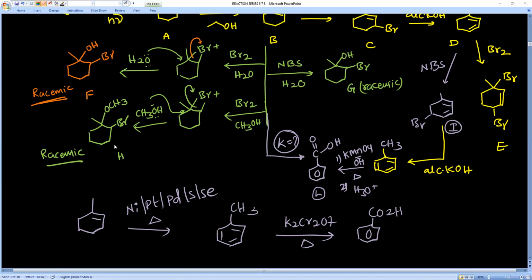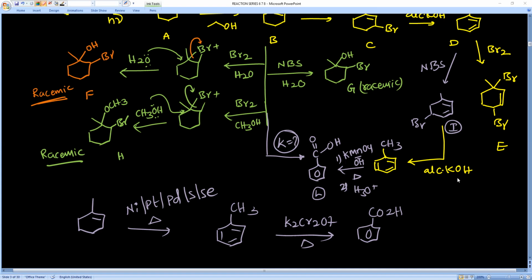Next one is compound J. What is compound J? Okay, this is alcoholic OH.